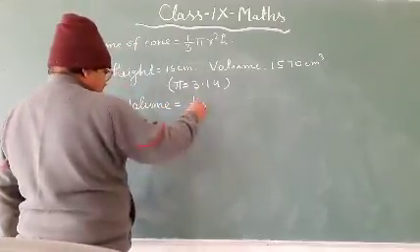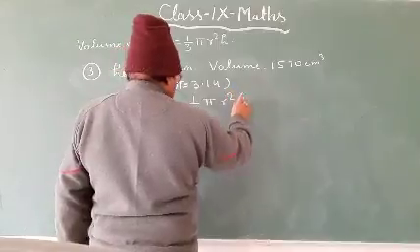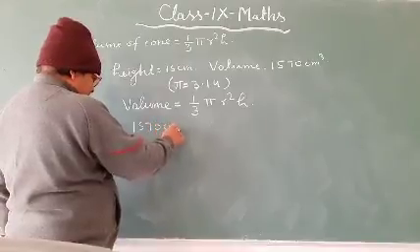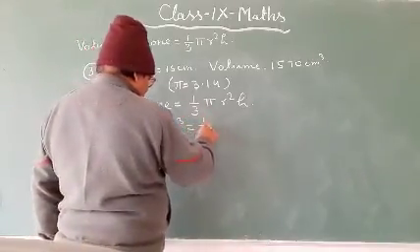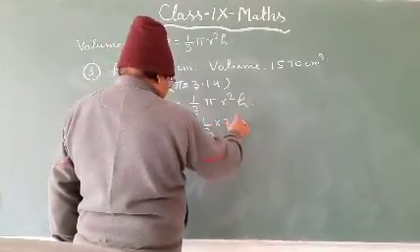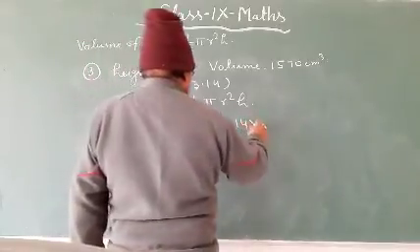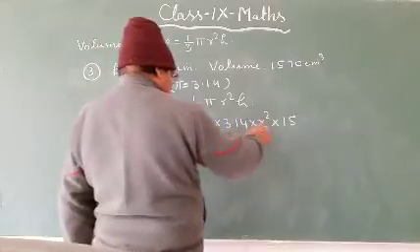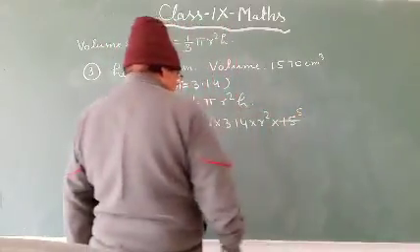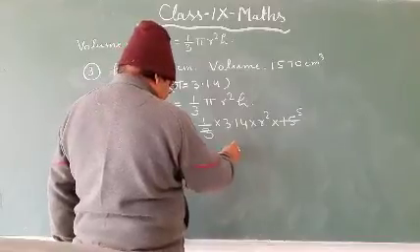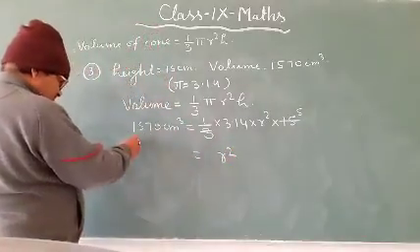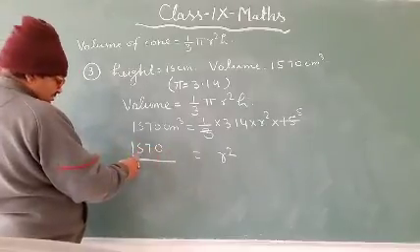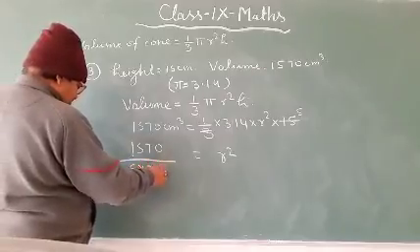Volume equals 1 by 3 pi r square h, so 1570 centimeter cube equals 1 by 3 into 3.14 into r square into 15. 3 fives are 15, so 5, and r square equals 1570 upon 5 into 3.14.